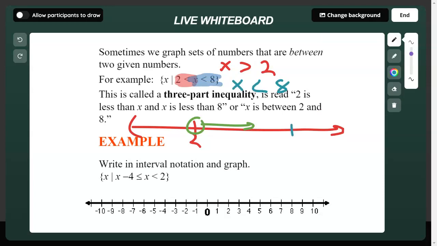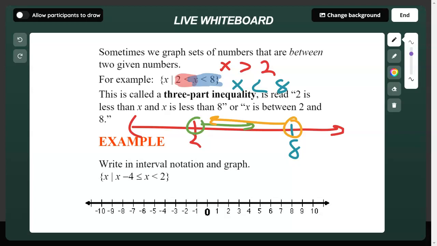I again have that critical value at 8, and I do the same kind of shading, an open circle because it's less than, and this time I'm going to go to the left. Because x is between 2 and 8, my solution set is bounded by those numbers. It's not going off into infinity in either direction.